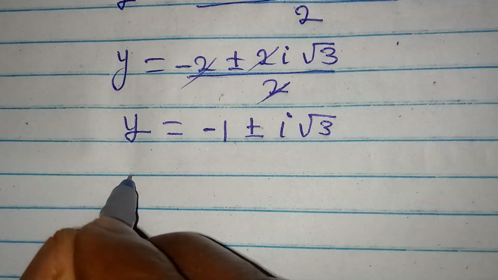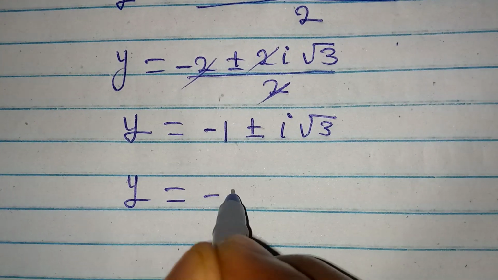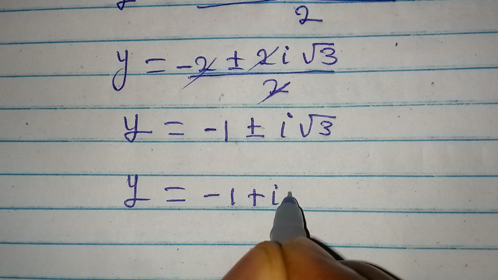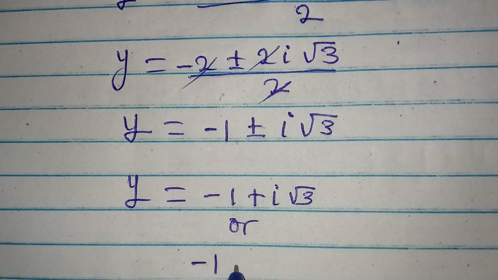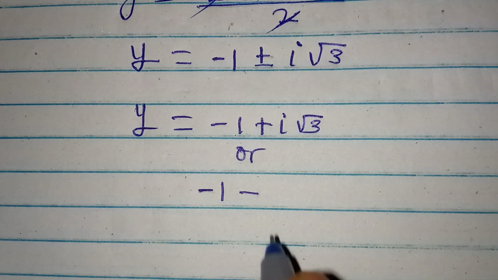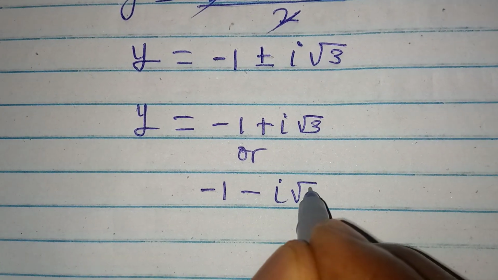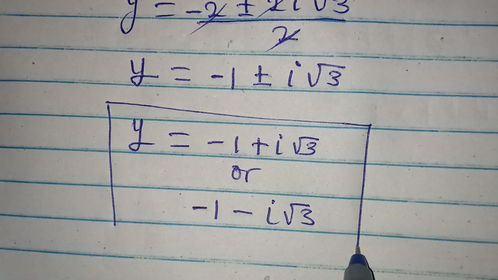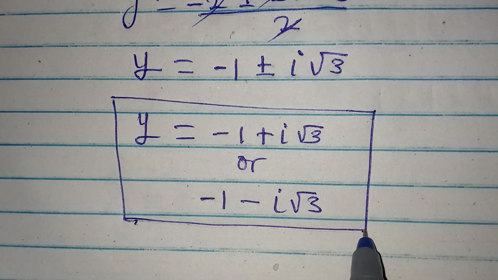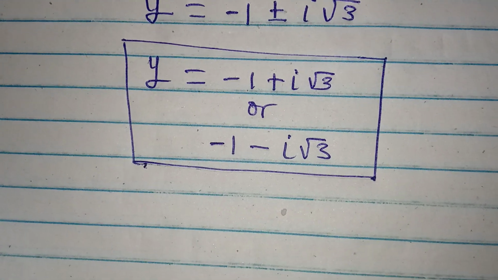Okay, so this means that y now is equal to minus 1 plus i root 3, or minus 1 minus i root 3. So these are the two values of y from that quadratic equation.